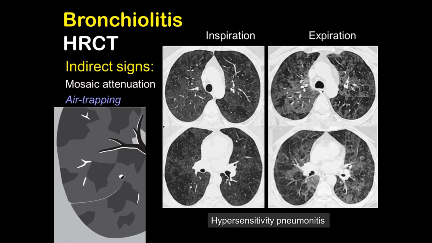And when we perform the expiratory CT, we can see mainly areas of air trapping with diminished vascularity due to vasoconstriction in a patient with hypersensitivity pneumonitis due to hot tub lung syndrome with non-tuberculous mycobacteria.